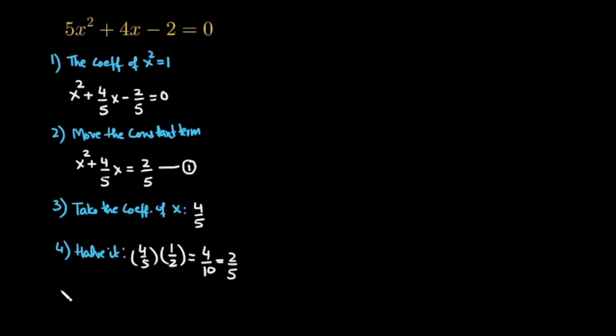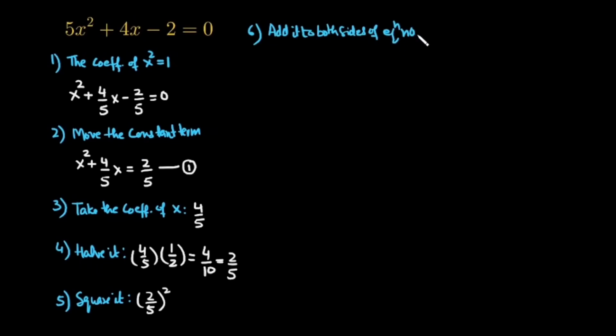Step number 5, square it. So this is 2 over 5 square. Step number 6, add it to both sides of equation number 1.